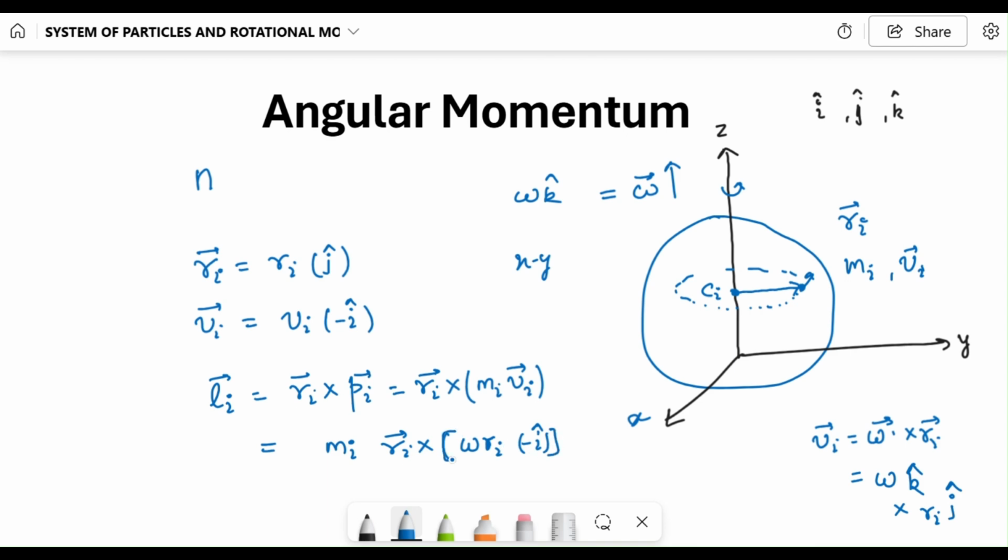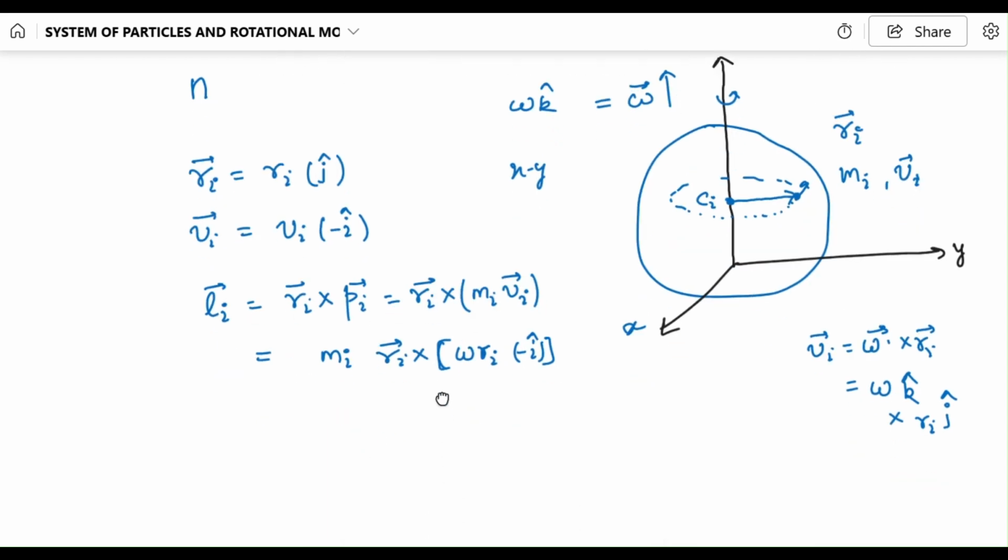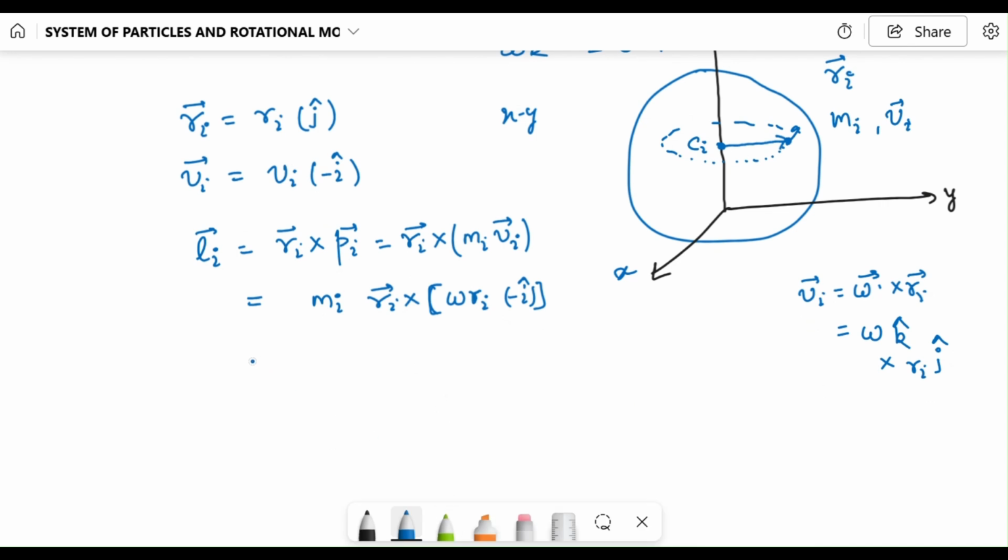So this is what we have now. We can proceed further, and then we will have mi. Omega is a scalar quantity, so we can take it out, and then we will have ri cross minus i cap.